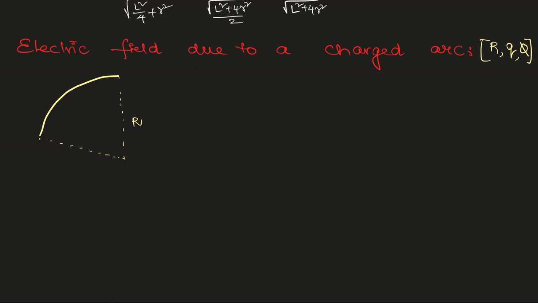Now, I will not derive that here, we'll take that equation. If this angle is phi by 2, definitely this angle will also be phi by 2. So if we consider a small element over here, due to that element, if the field is outward, we will have a similar kind of element here also. Due to that also the field will be outward.